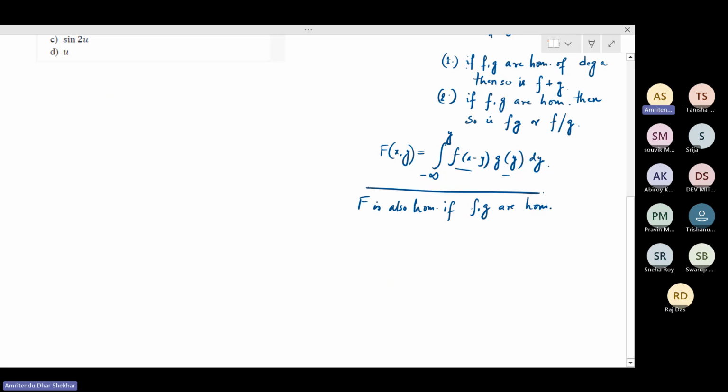Why? You have to do the same trick. Let's say you substitute F of lambda x comma lambda y. Of course, this is all subject to the assumption that lambda x comma lambda y is a valid substitution. And then you have the integration from minus infinity to lambda y of f of lambda times (x minus y), g of lambda y, dy.